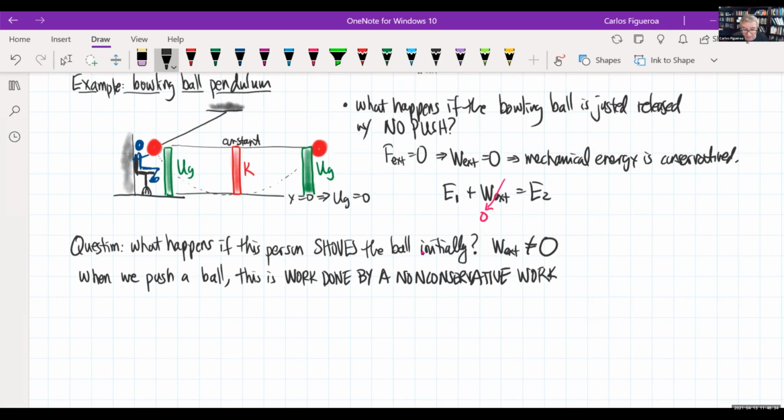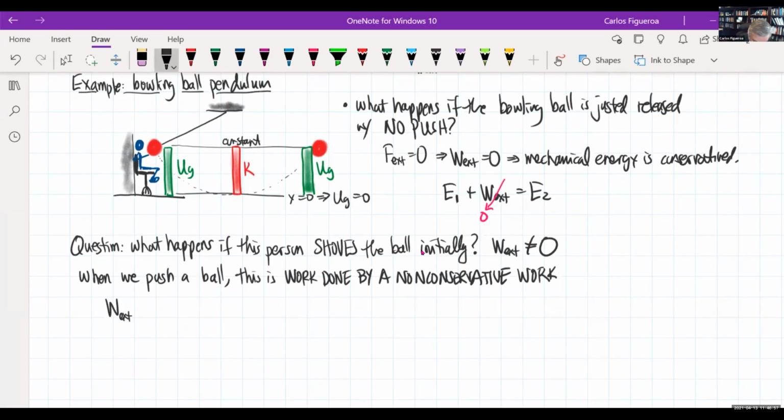This is not a conservative force. Your body pushing generates heat that leaves energy out of the system if that person is considered part of the system.